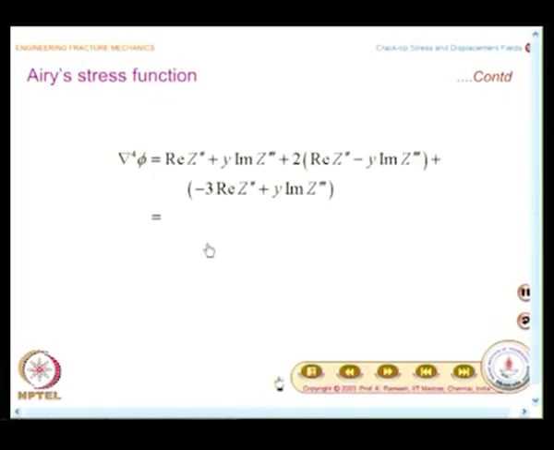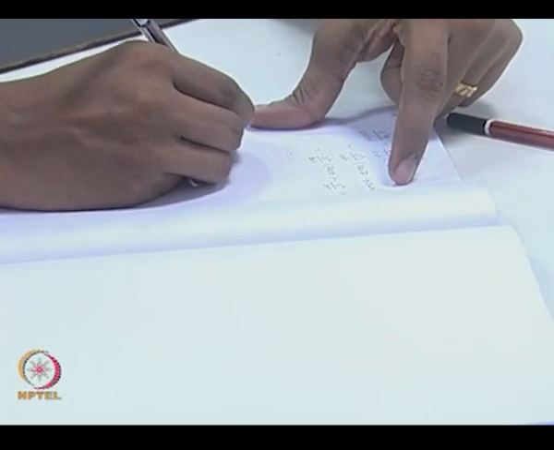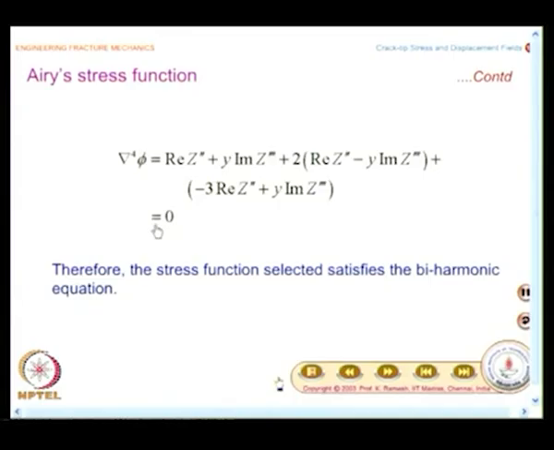Since you have all these expressions, now what will we have to do? We will have to substitute them in the biharmonic equation and see what we get. We have to get that it should go to 0. Let us see whether it goes to 0. So, when I substitute all of these quantities, I get an expression like this. Please take some time to write this down, the expression is sufficiently long, and it goes to 0.